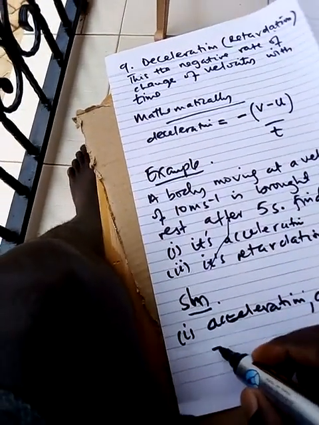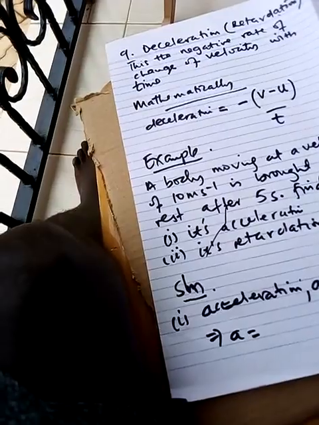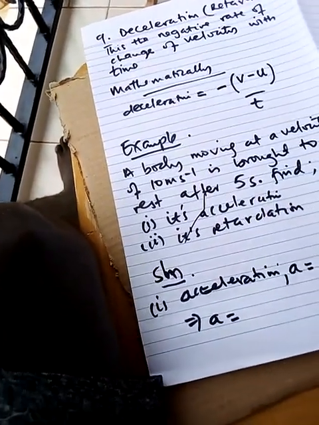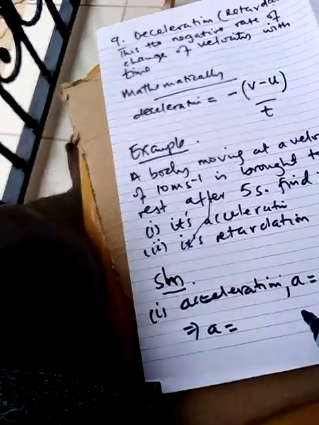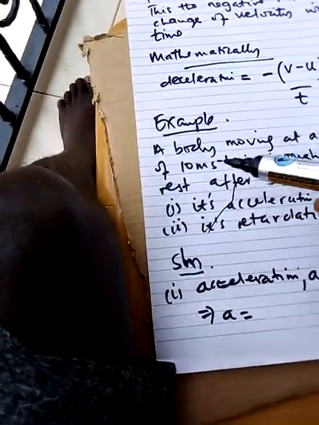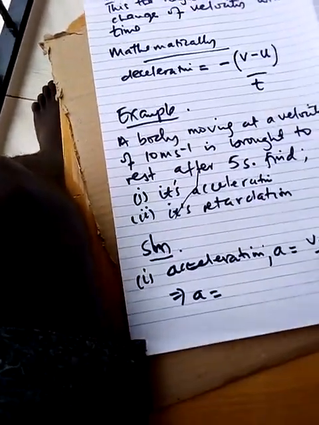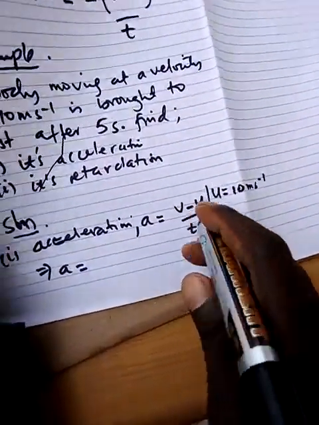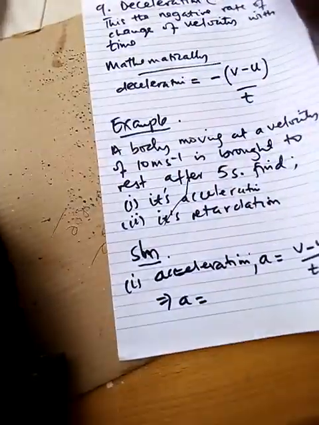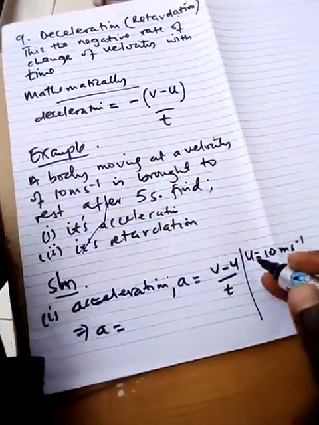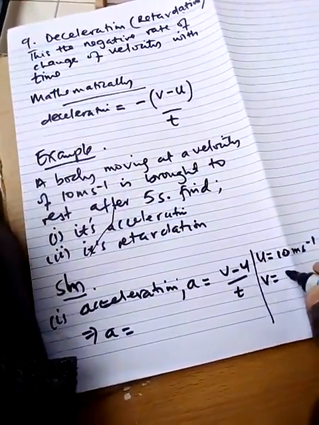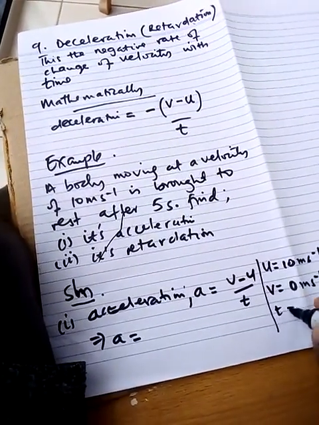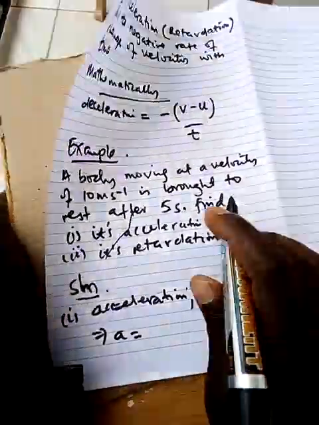So meaning that your a is equal to, what is the initial velocity first of all? By the way, initial velocity is the velocity with which the body starts the motion. So we started seeing it when it was moving at 10 meters per second. That is the initial velocity here. Then they said the body is brought to rest, so the final velocity is equal to 0 meters per second. The time taken is 5 seconds.